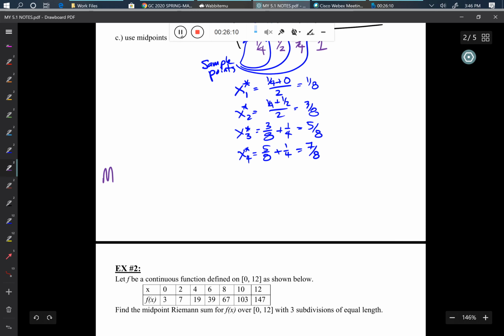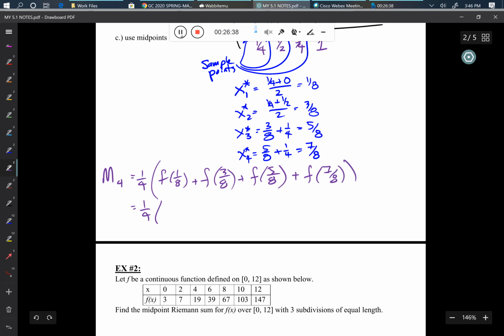I want to find m sub 4. So that's going to be 1/4. And now I'm going to be lazy. Since I noticed a pattern, and I'm always factoring out that 1/4, I'm just going to do it to begin with. f of 1/8 plus f of 3/8 plus f of 5/8 plus f of 7/8.